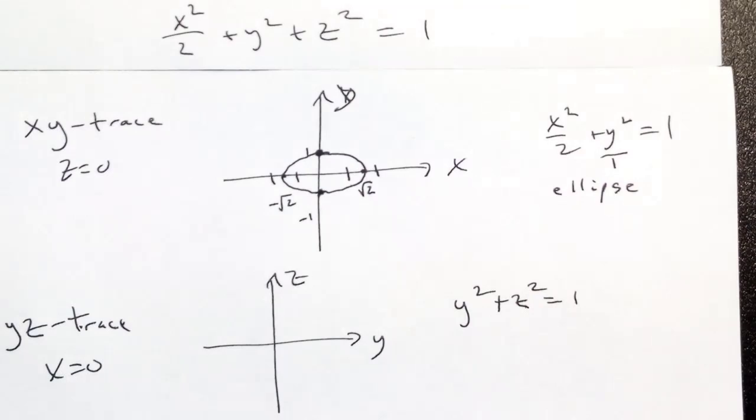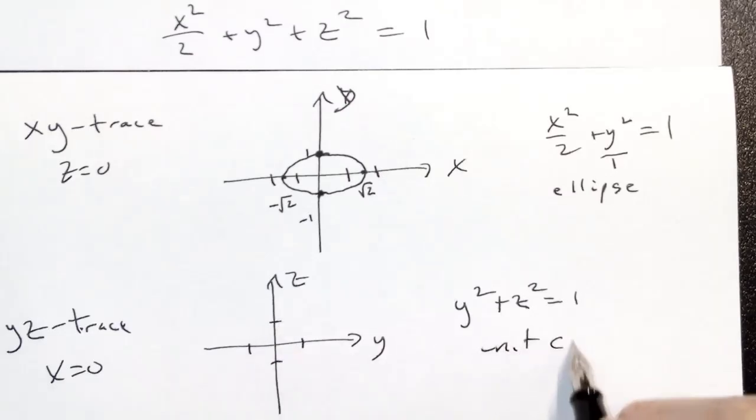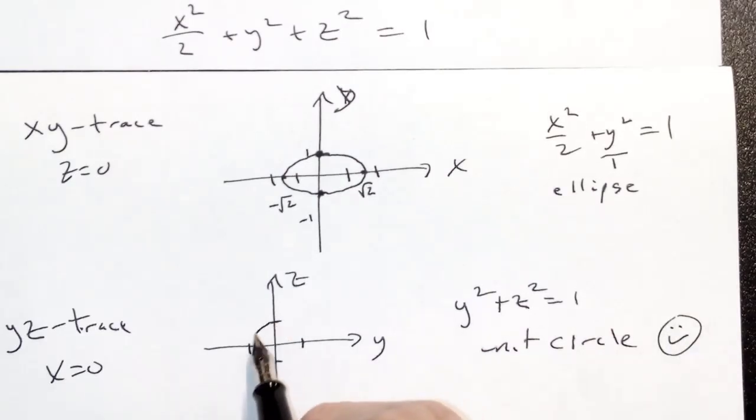What's that? Right, it's an ellipse where the two distances are equal, so it's a circle. It's the unit circle. I recognize that one.